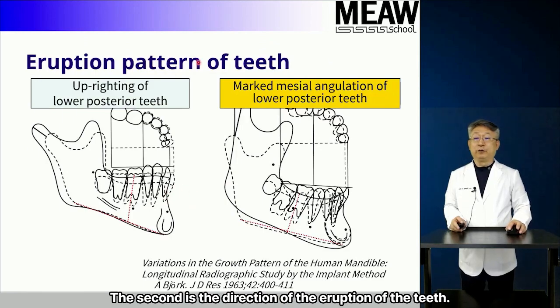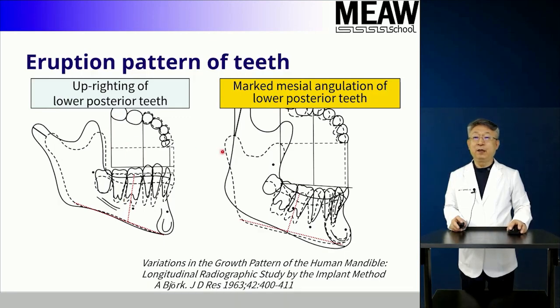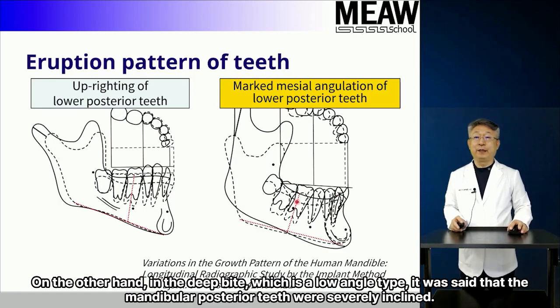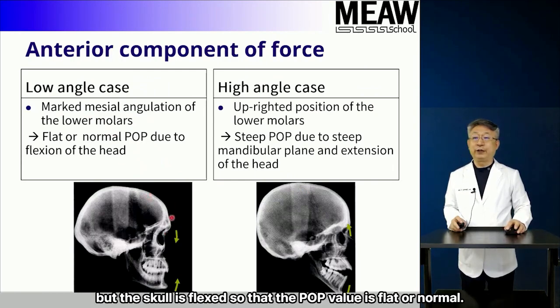The second is the direction of the eruption of the teeth. According to Björk, in high-angle type cases, the mandibular posterior teeth are slightly uprighted rather than mesially inclined. On the other hand, in the deep bite, which is a low-angle type, it was said that the mandibular posterior teeth were severely inclined. In the low-angle type, the mandibular posterior teeth are mesially inclined, but the skull is flexed so that the POP value is flat or normal.